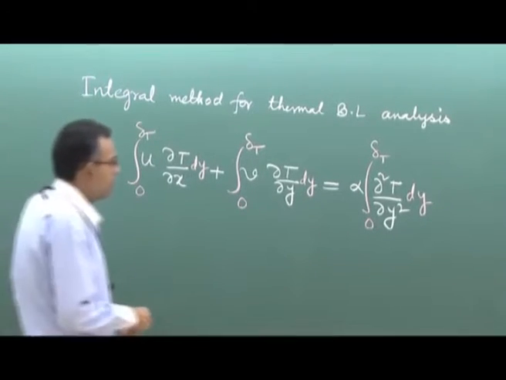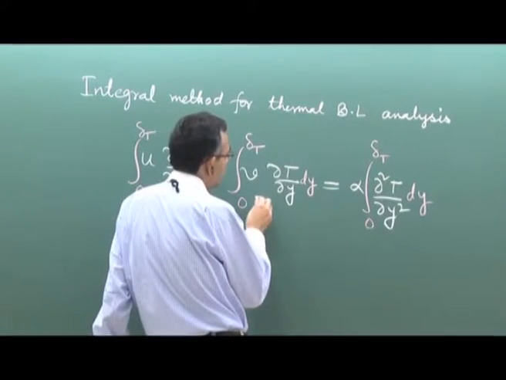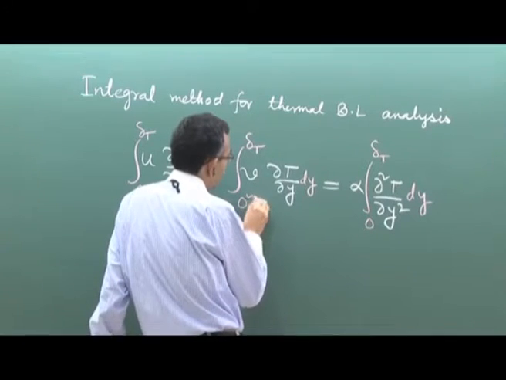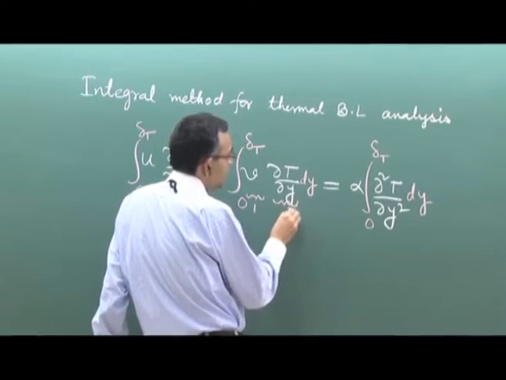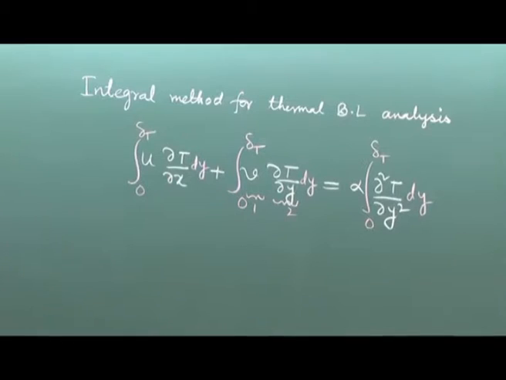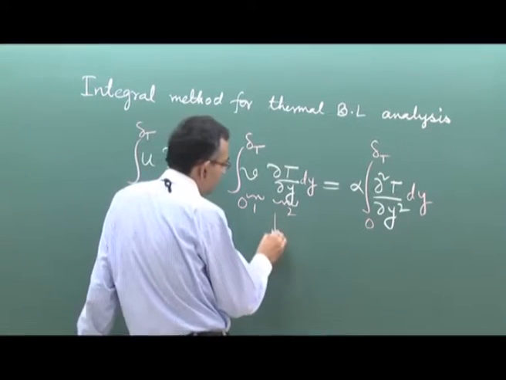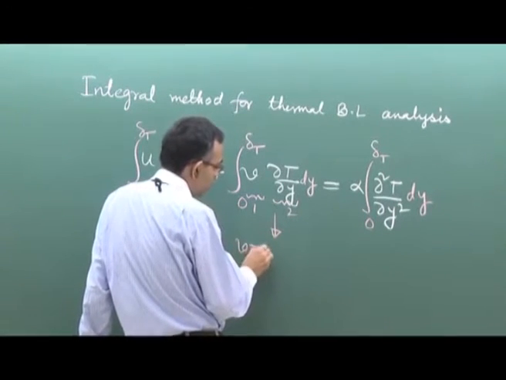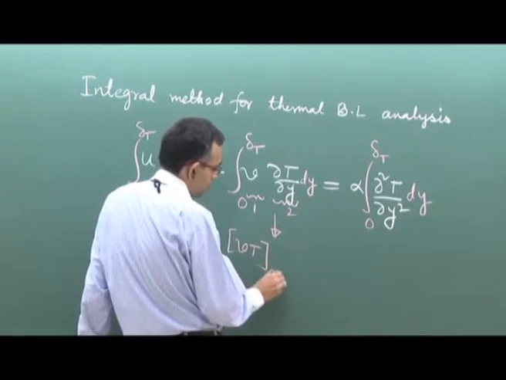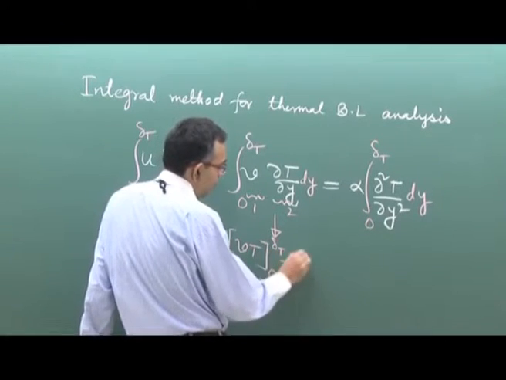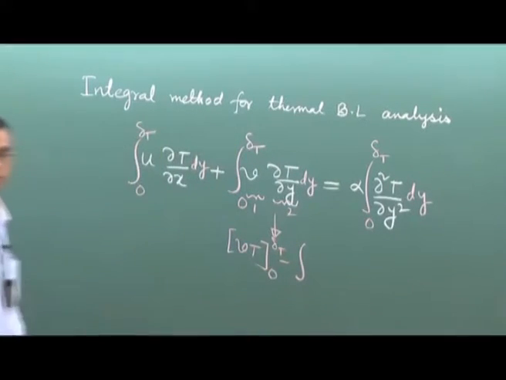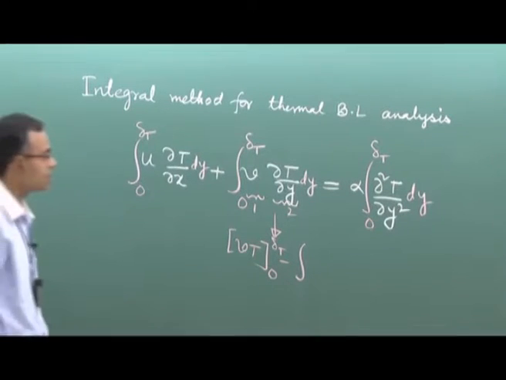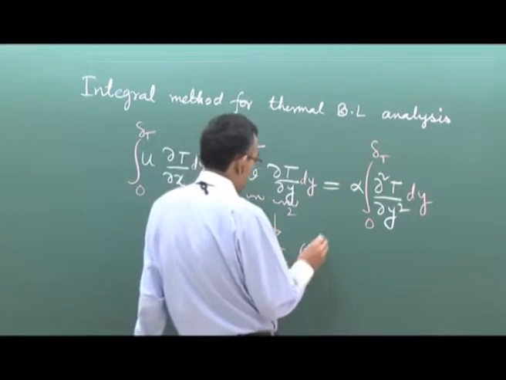Now, we will integrate this by parts. This is the first function and this is the second function. So, this will be the first function into the integral of the second, minus the integral of the derivative of the first into the integral of the second.